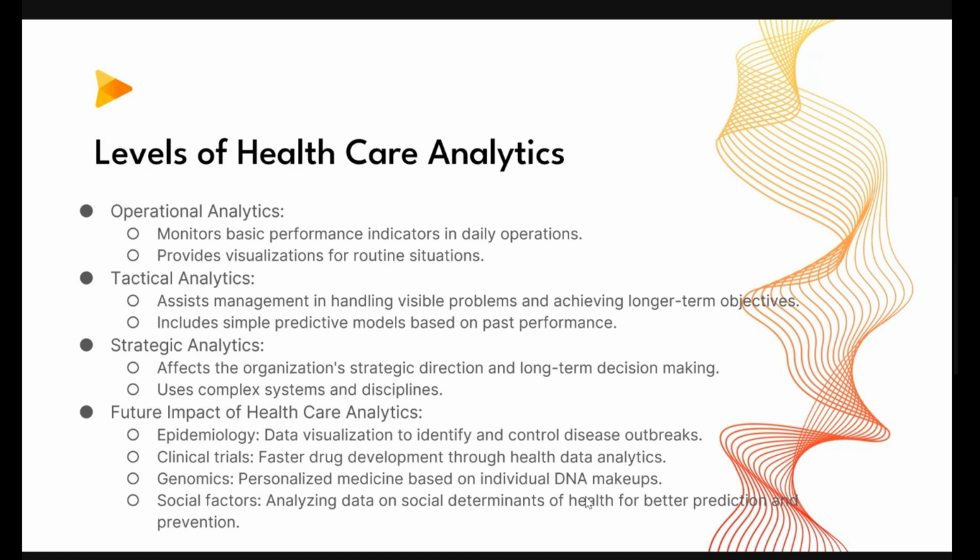The other part of tactical analytics is the simple predictive model based on past performance. How did you manage it last time? And can you manage it now? So, South Central Railway during Dasara, Diwali, Sankranti, and summer rush, they call it festival rush, summer rush.